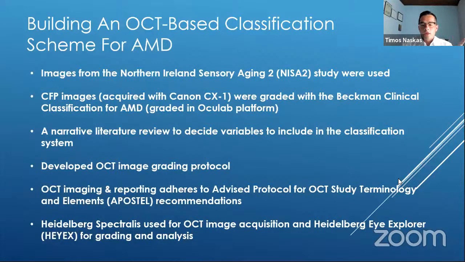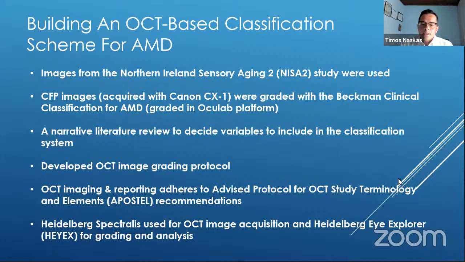Then we used the APOSTEL recommendations to build our protocol and to report our results. These recommendations were suggested so that every study that uses OCT reports its different results in a coherent manner. I used the Spectralis platform both to acquire and grade my images.